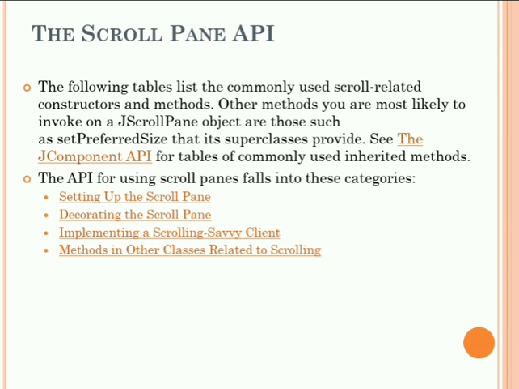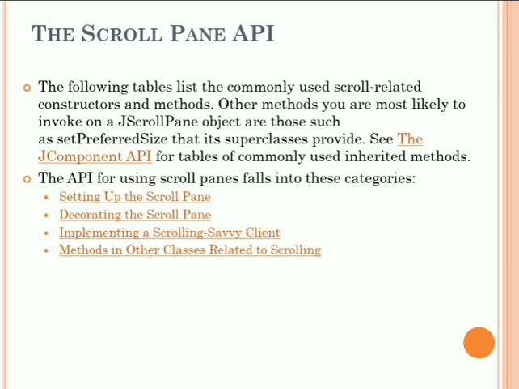Okay, some of the following are scroll related constructors we will see, and other commonly used constructors are, as we have seen, the preferred size, which its superclass provides, and in JScrollPane we can change the preferred size of that.